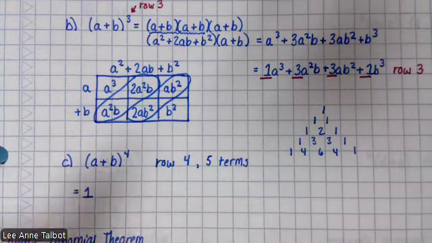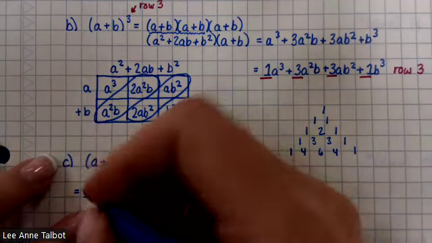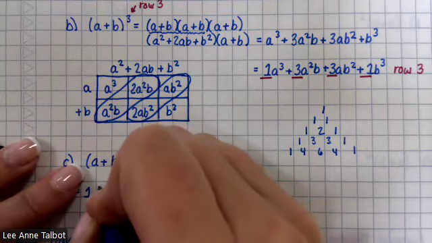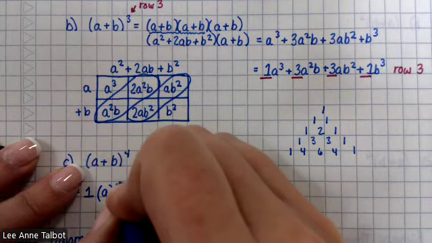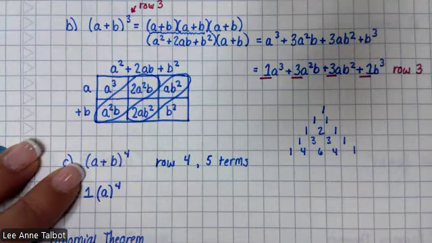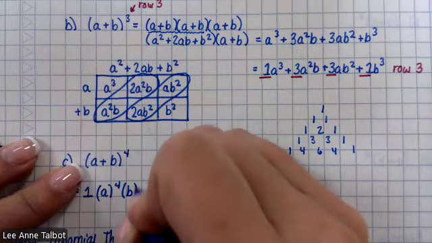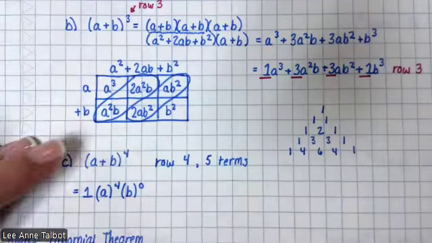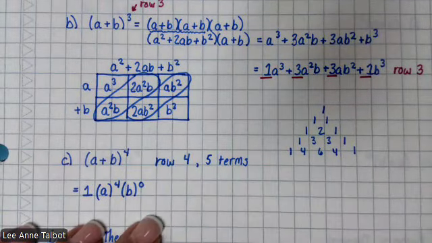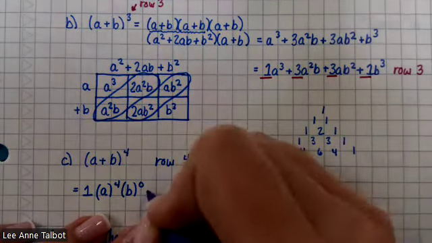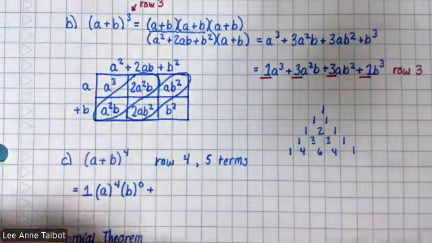Front seat, back seat. Okay, so what you do is you take the front seat thing to the full power of the problem. Add the back seat thing to the 0. Plus.